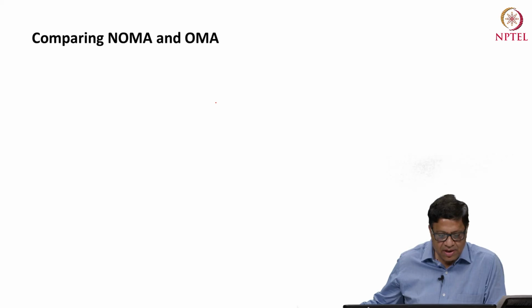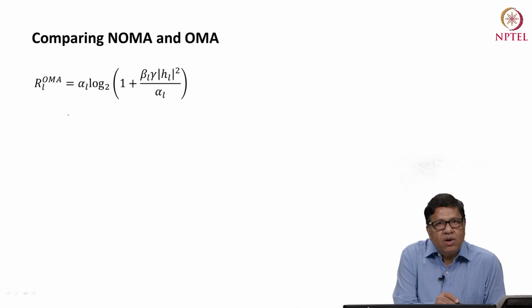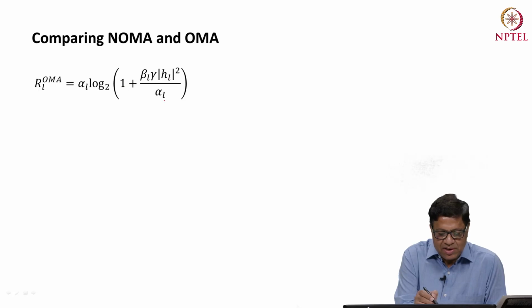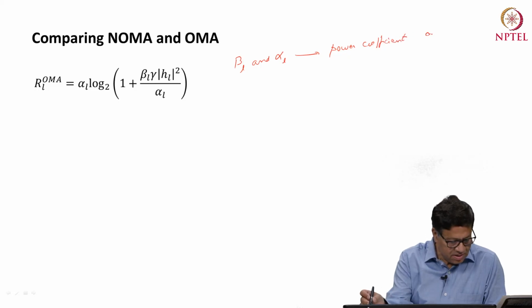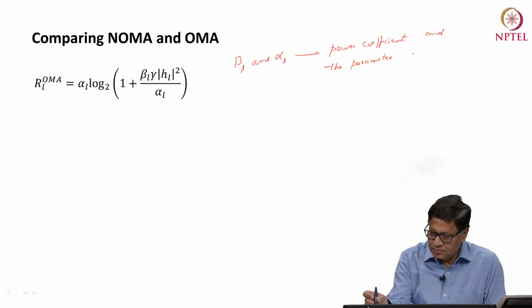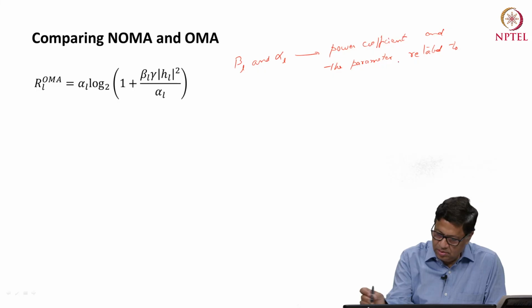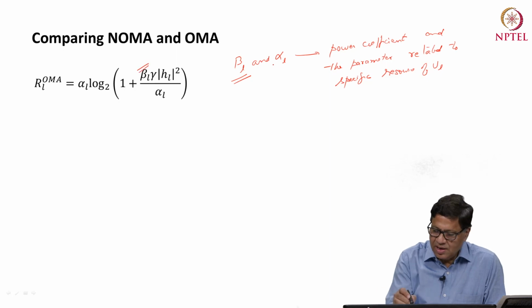Now let us start comparing NOMA and OMA. For OMA, that is orthogonal multiple access, the rate is given by alpha L log 2 of 1 plus beta L gamma mod HL square divided by alpha L, where beta L is the power coefficient and alpha L is the parameter related to a specific resource of the Lth user.